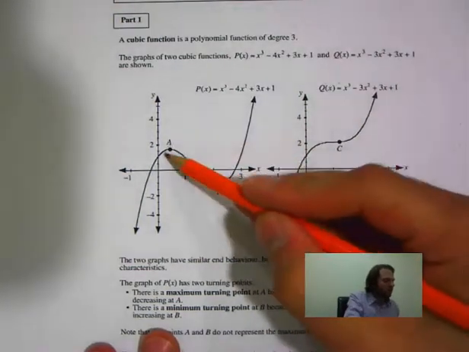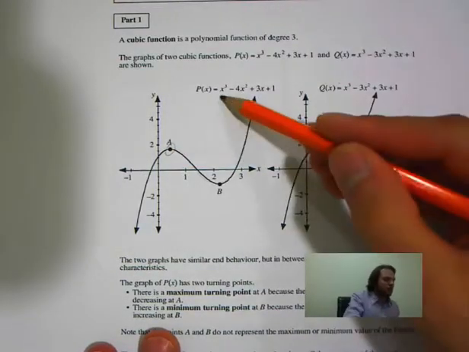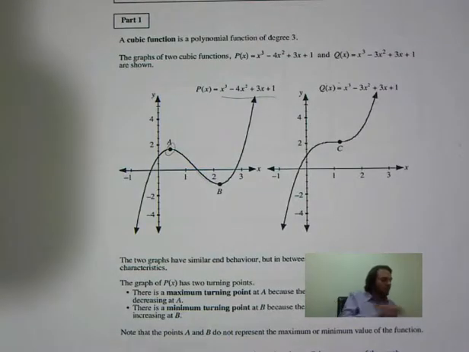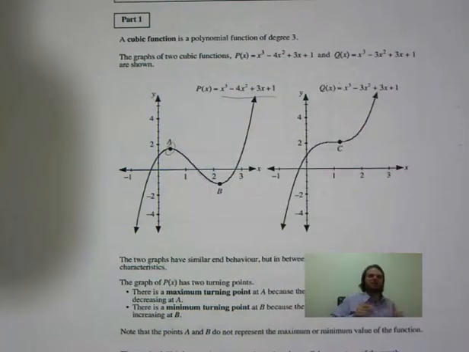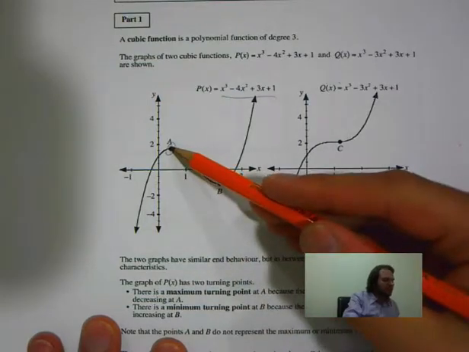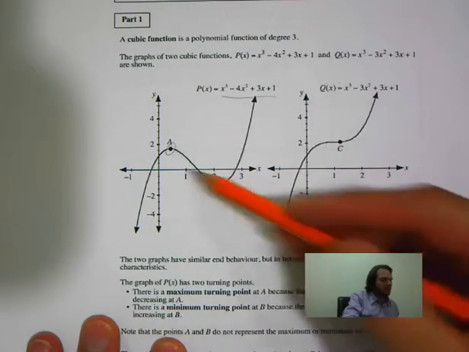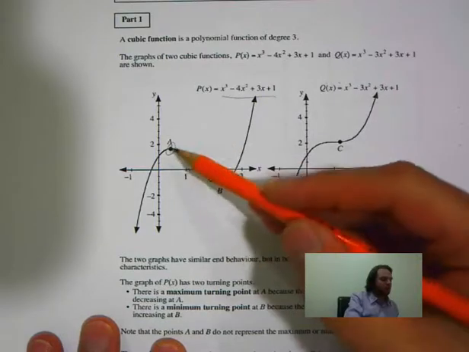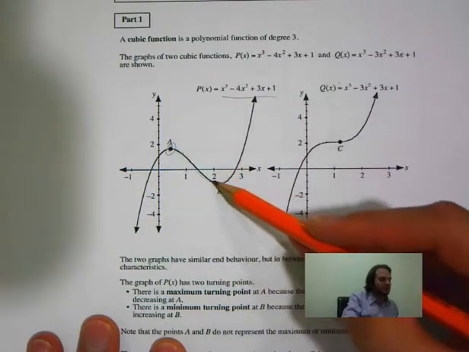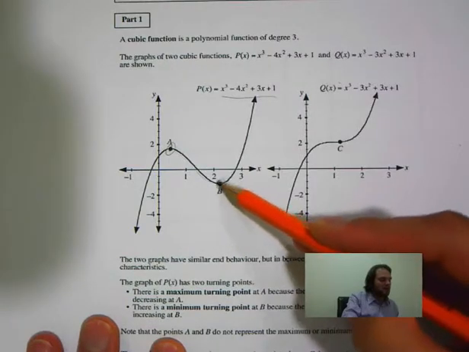So if I look at this point A of this cubic function, this point here is a maximum. It's like a mini maximum. We go all the way up, then it hits a max, then it decreases, okay? So we have a maximum turning point. It goes all the way up, this is my maximum, then it starts decreasing till we hit a minimum turning point.